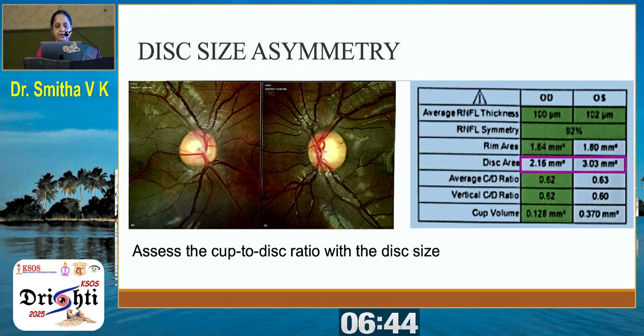If there is any cup disc ratio asymmetry in both eyes, we have to assess the disc size. In this patient, the left eye has more cup disc ratio, but the left eye disc area is more.